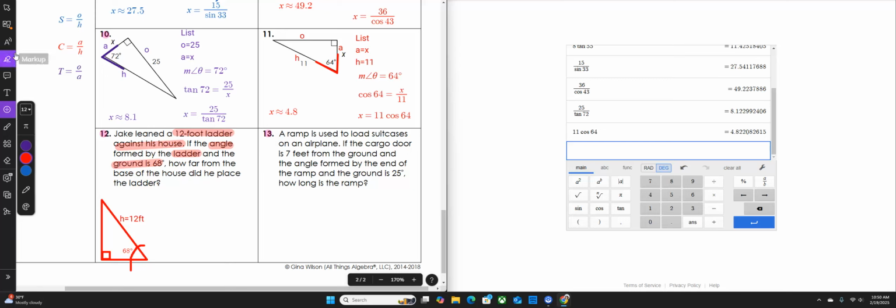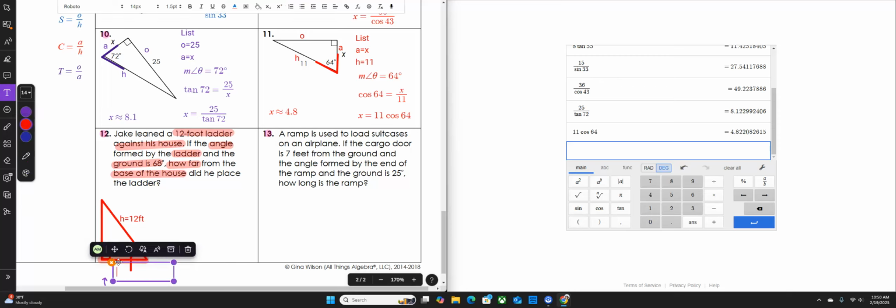And then it asks us how far from the base of the house. So we know we're looking here at the ground. Where did he put it? We want this side. So this is our X. It's also our adjacent side.